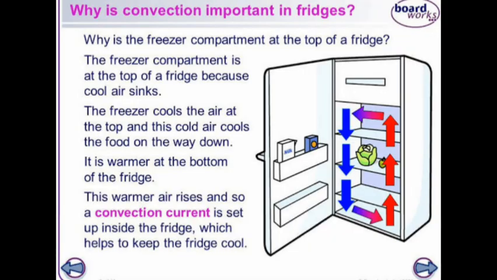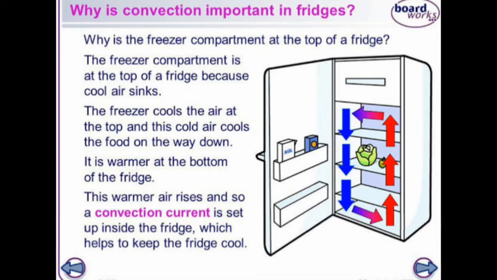Another example is why convection is important in fridges. In a fridge, we have always seen the ice compartment, or freezer, placed at the top. The reason for this is also the proper formation of the convection current.